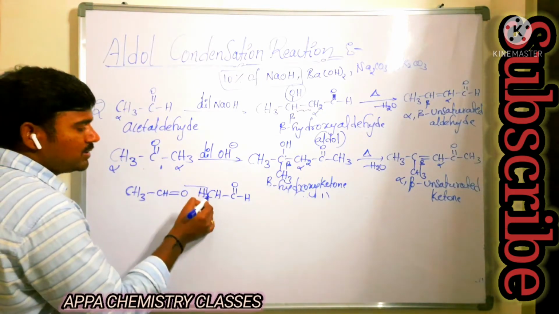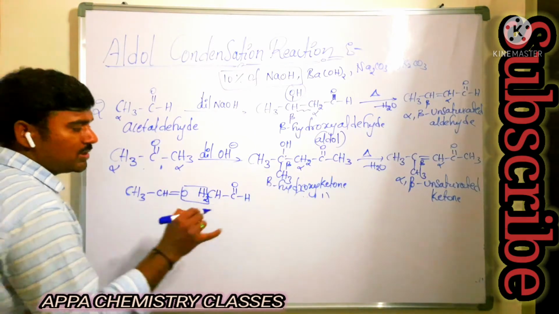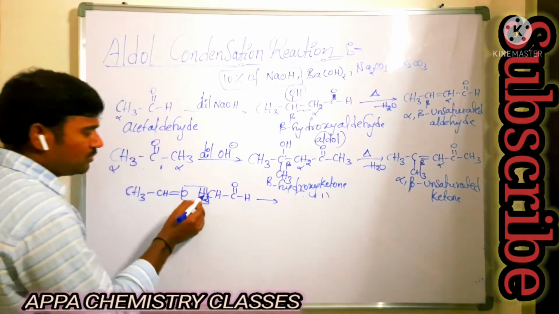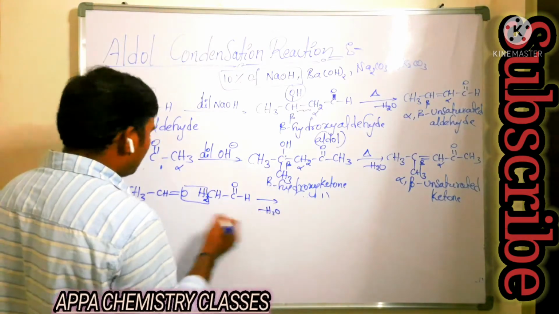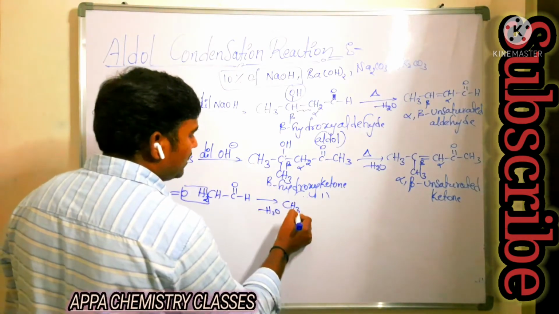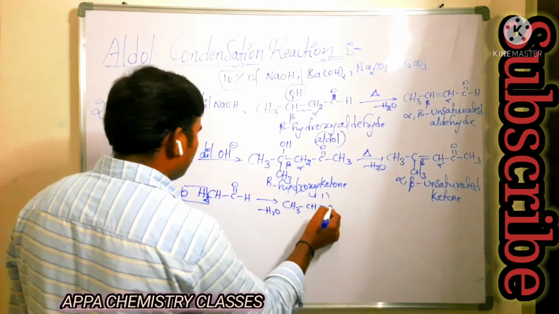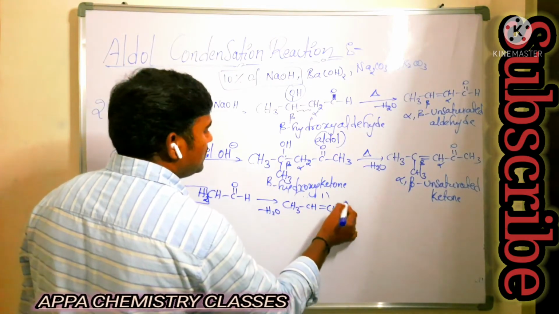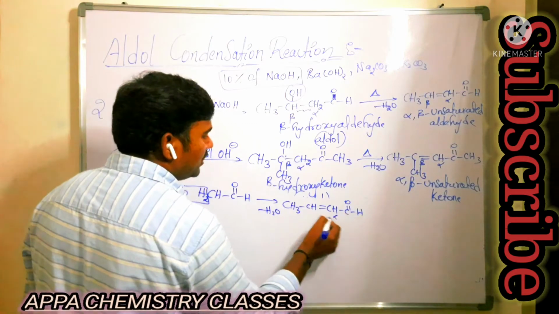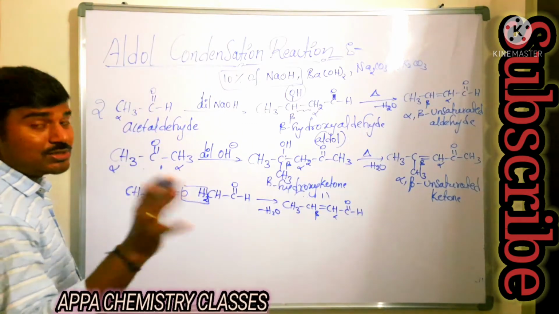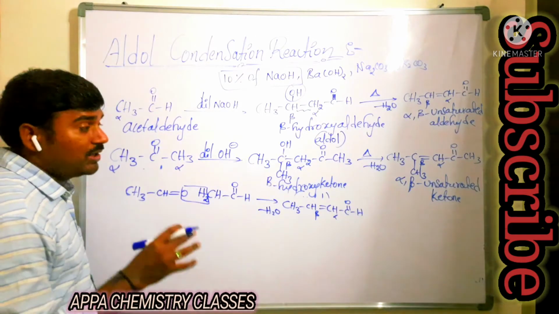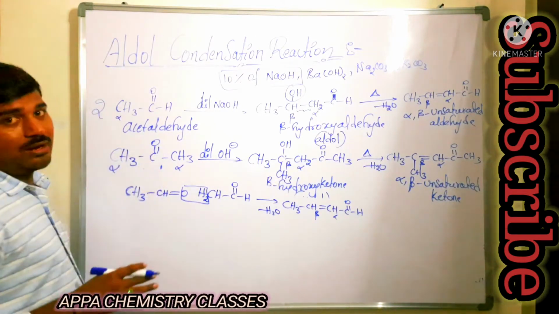Now these 2 hydrogens and this oxygen are lost as a water molecule. Then what is left over here? CH3, CH double bond CH, C double bond OH. So that is an alpha beta unsaturated compound. That is the condensation product we are getting, the final product in aldol condensation.